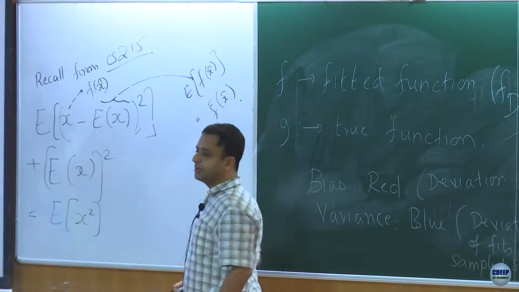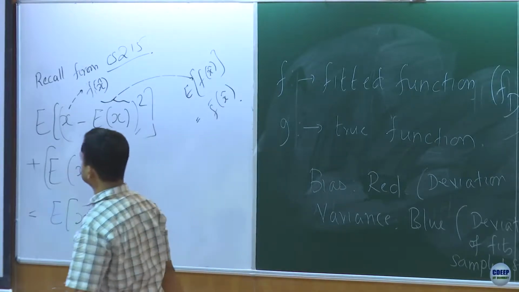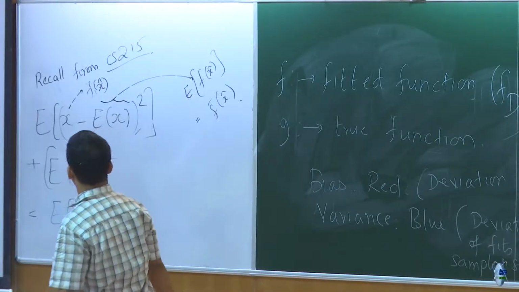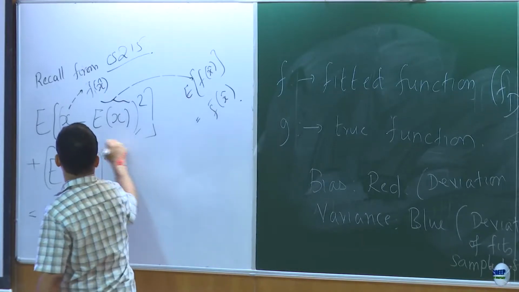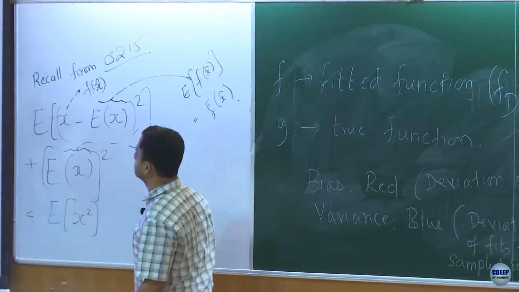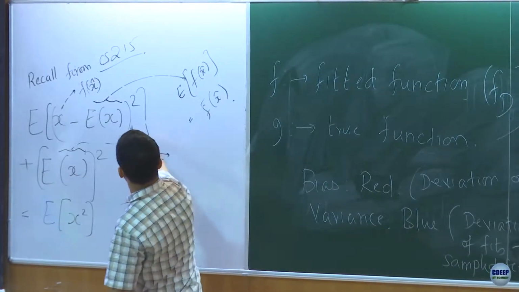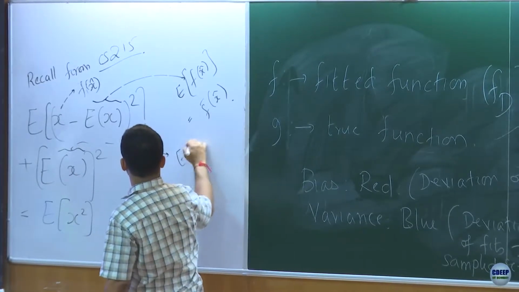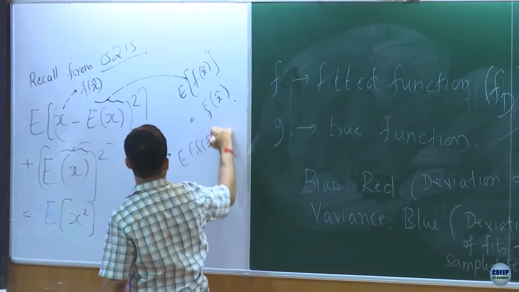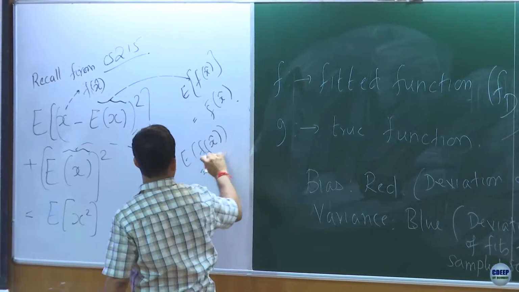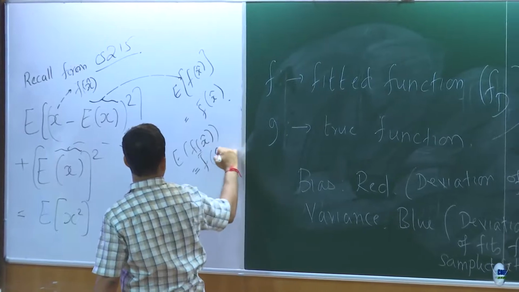The second component, this component is again the same thing here, E of f x hat, which is f bar x hat.